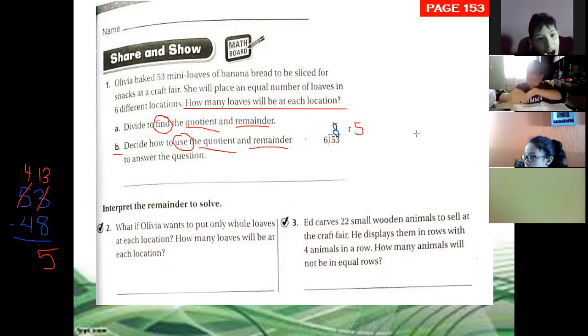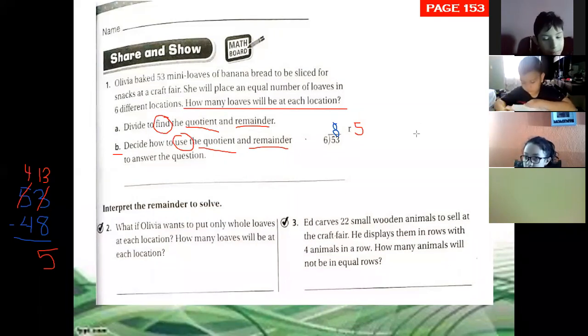Because Olivia has a stand or a table, because she wants to serve some snacks at 6 different locations of the fair, like a festival. So she needs to divide.